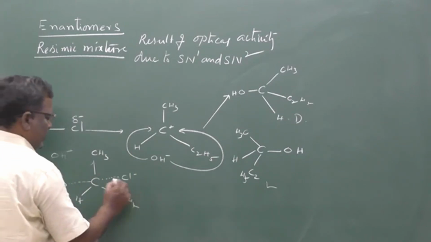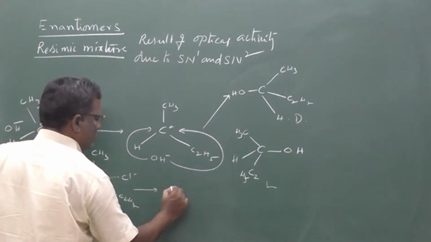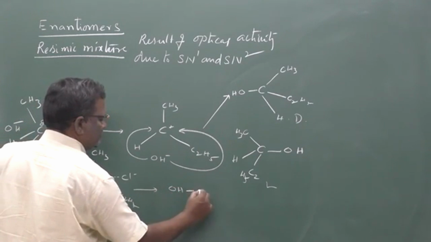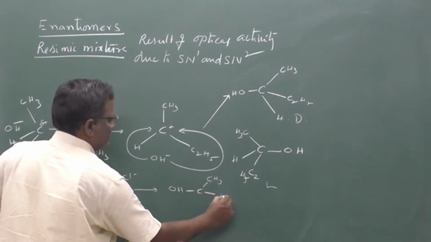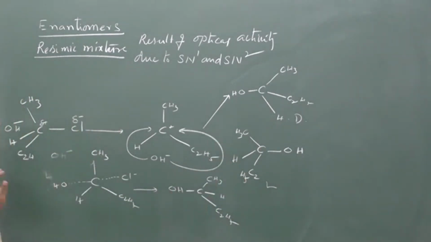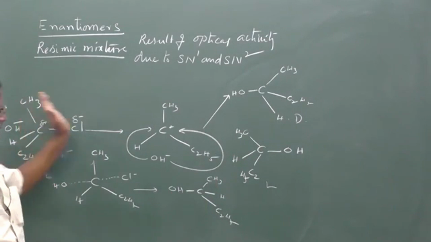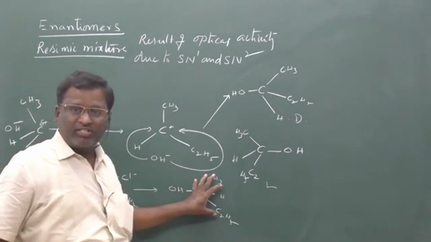Automatically this bond will be weakened and this bond will be strong. So the resultant compound will be like this. That means exactly the opposite compound is formed. This we call a Walden inversion.